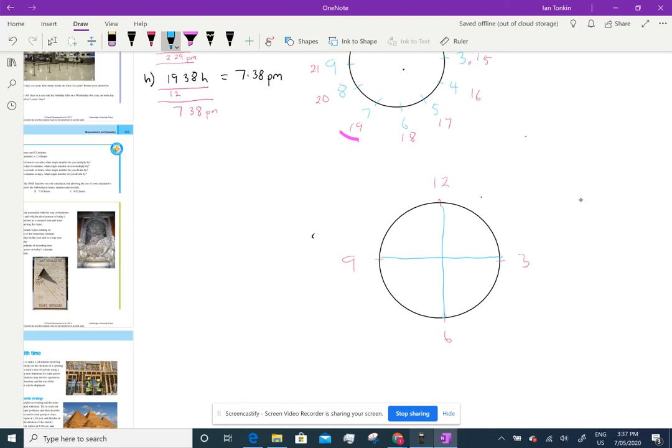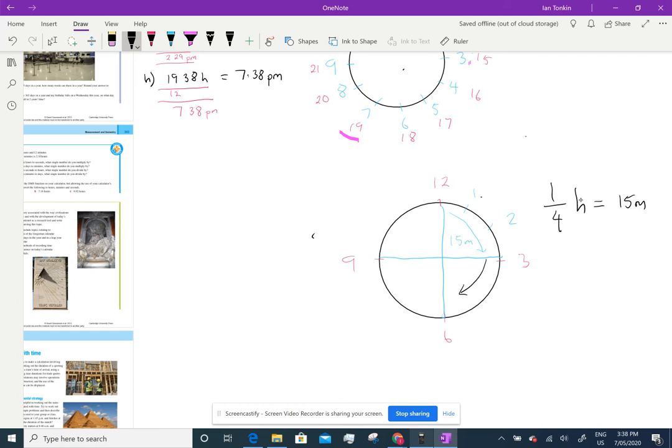And each number here, so the 1, the 2, and the 3, has 5 minutes. So if I'm using the shorthand, from there to there is 15 minutes. So a quarter of an hour is 15 minutes.